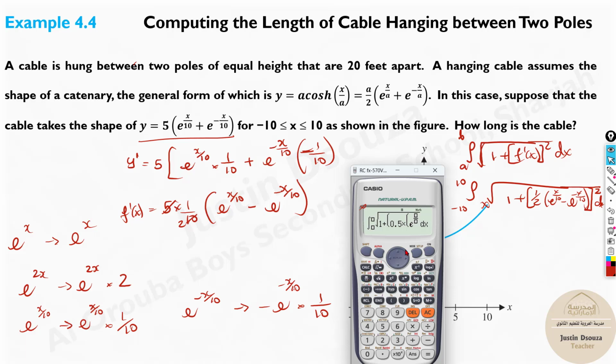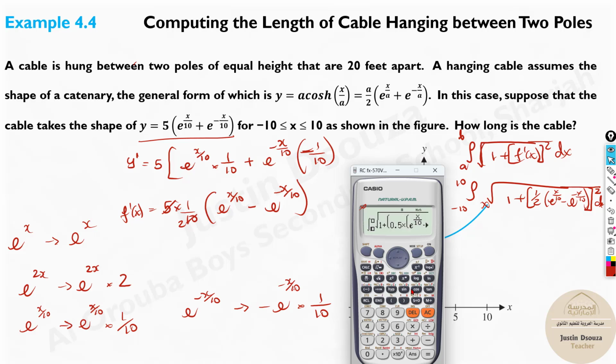And then make the fraction symbol, alpha x by 10. And over here, write a minus sign, shift e to the power, again alpha x by 10. But I forgot to write the negative sign over here. It's minus, and close the bracket. Go down now, close the bracket. And we need to close one more bracket and now square it up.